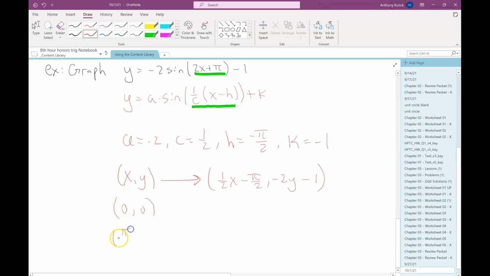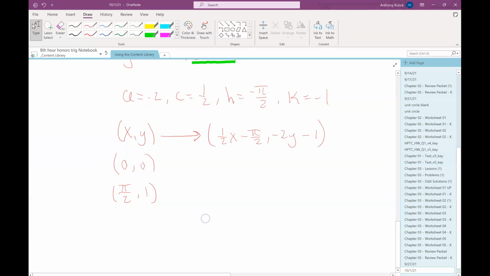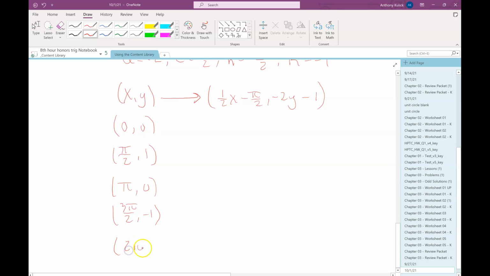I'm going to use it on these key points from sine that I just gave you a moment ago. So far, so good? And I can just write down the resulting points, right? You guys get how to do that? If you need me to show it, it's fine, but all you're doing is plugging in x and y into the formula, right?